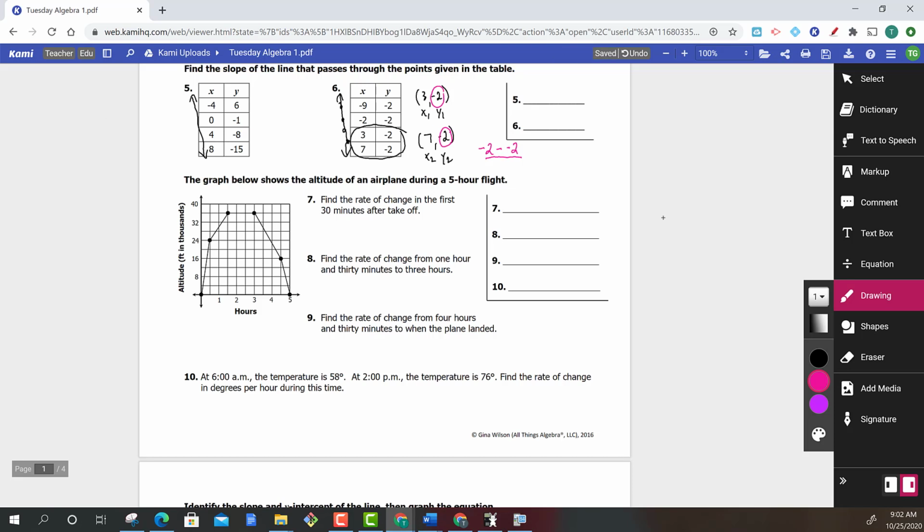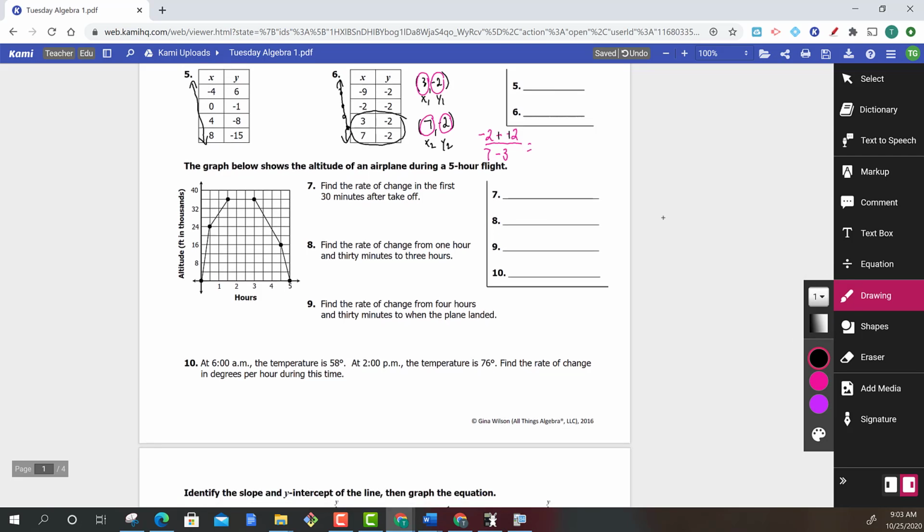And then I'm going to take x2, and I'm going to subtract from it x1. And I already see I have the same y coordinate. So if I have the same y coordinate, this is going to be one of those unique problems. -2 plus 2 is 0. 7 minus 3 is 4.